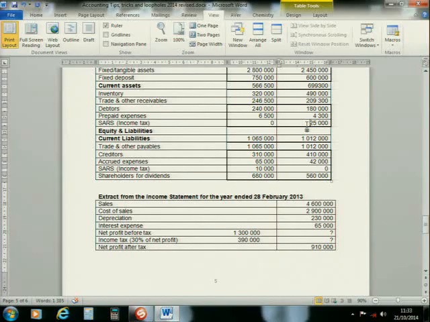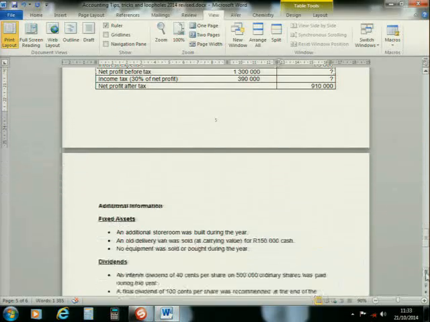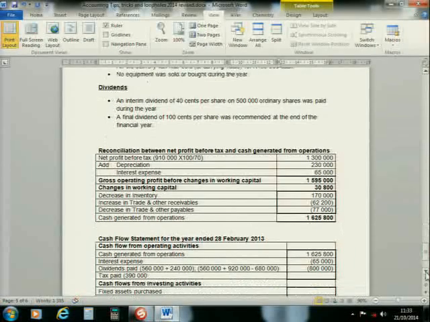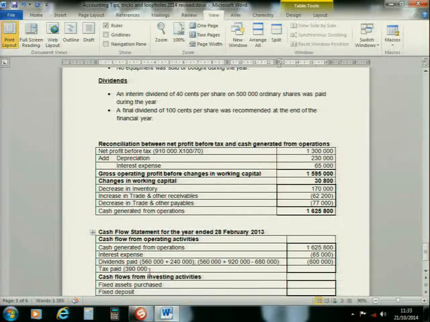By how much are we supposed to top that up? The difference is 365, which is basically 390 minus 25,000. Remember, SARS owes us 25,000. The tax calculation for this is 390.